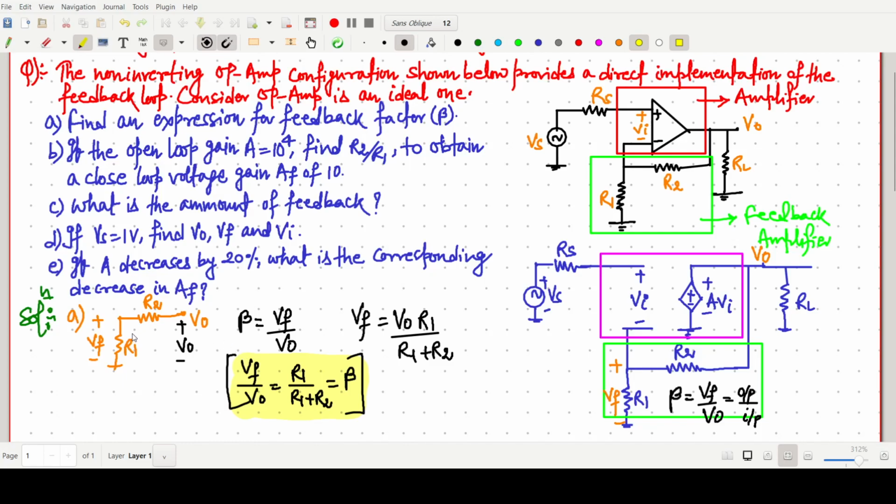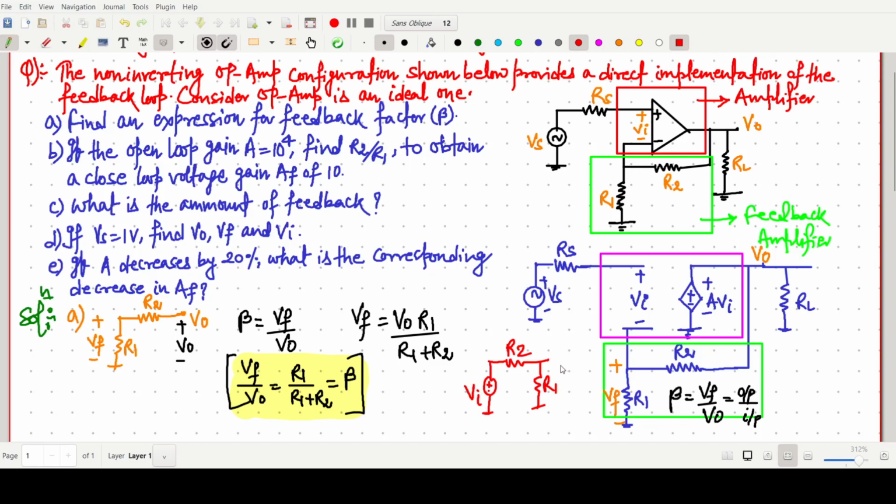We just have to apply the voltage division rule. If someone doesn't know the formula, say this one is R2 and this one is R1, and some voltage Vi is there.